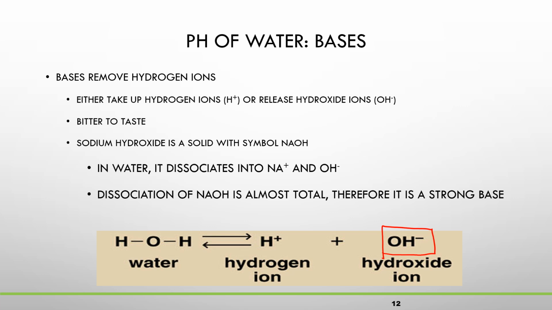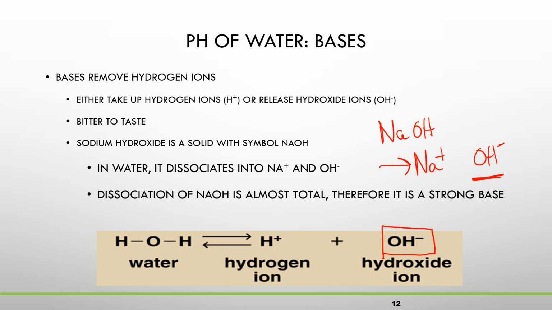Bases are just as bad as acids. We tend to think of acids as being dangerous. A really strong base is NaOH. If you were to put that into water, it would form Na plus and OH minus, and so it's a base. Examples of really strong bases would be Drano or lye.